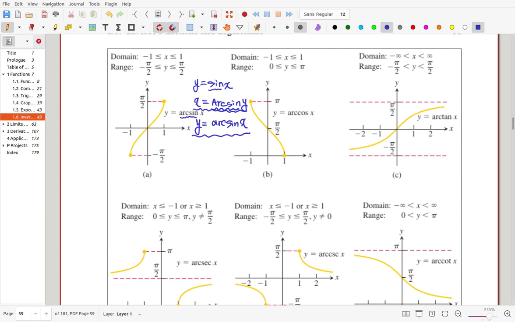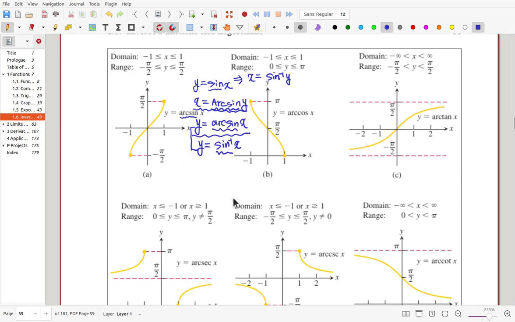Sometimes, symbolically, we say x equals sine inverse of y, so rather than arcsine, sometimes you will see sine inverse of x. Either way, arcsine or sine inverse, we express the inverse of the sine function.